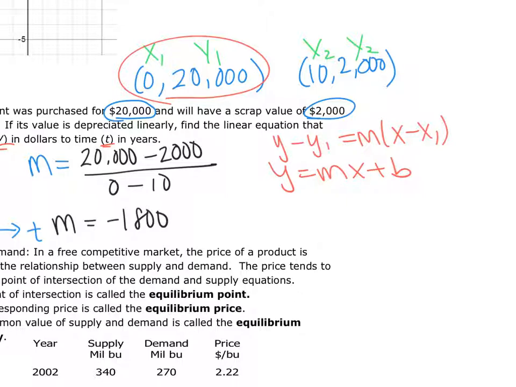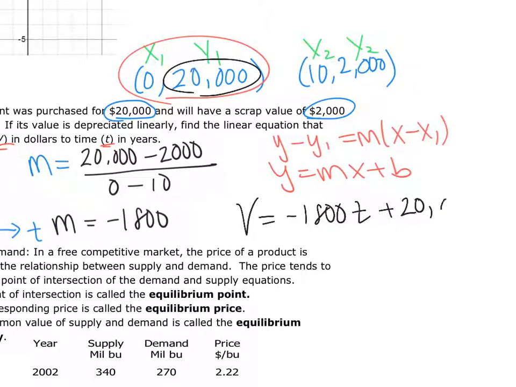And so my equation is going to be V, that's my value in dollars, equals my slope, -1,800, times t, and then I know this right here is my b value, so plus $20,000. Or you might see it this way: V is equal to the initial amount, $20,000, minus the depreciation with respect to time. All right.